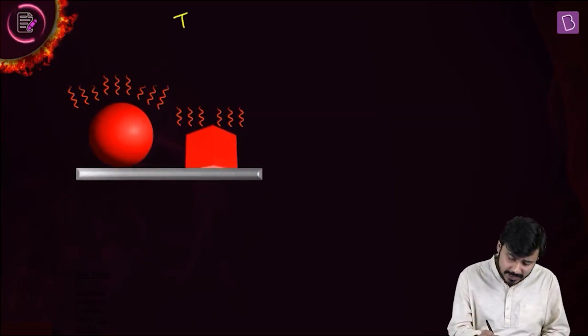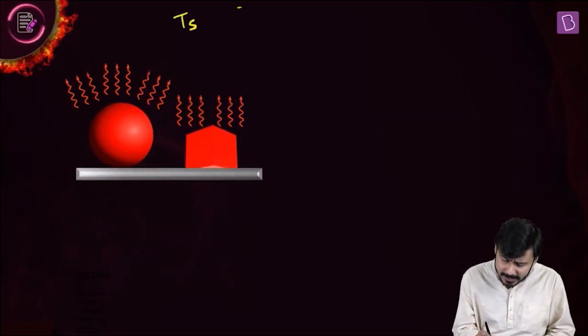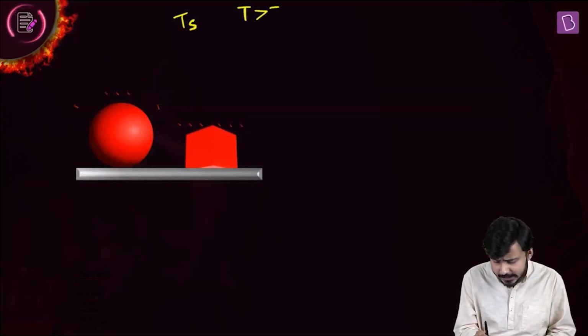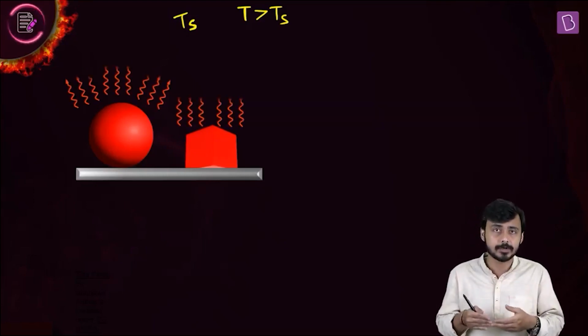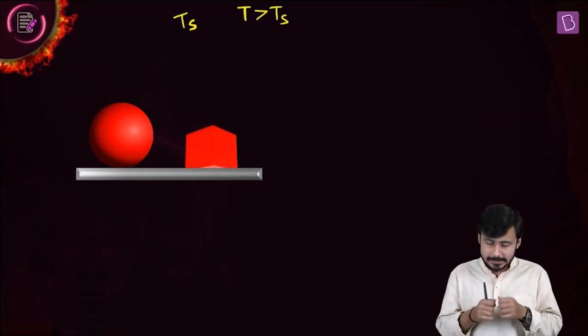Let's suppose that the surrounding has a temperature Ts, where T is greater than Ts, because they are allowed to cool down. They will cool down only if they have a temperature greater than the surrounding, right? So from the question it is clear that T is greater than Ts.